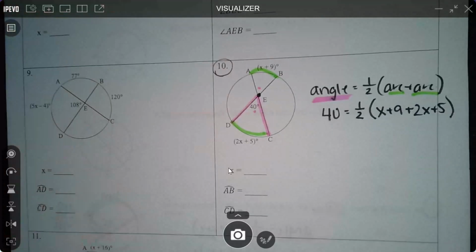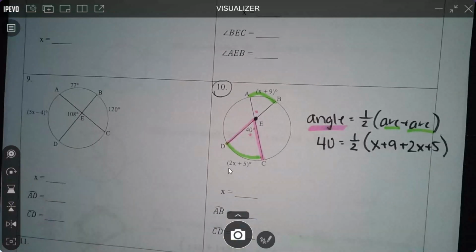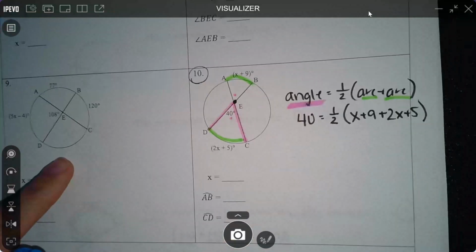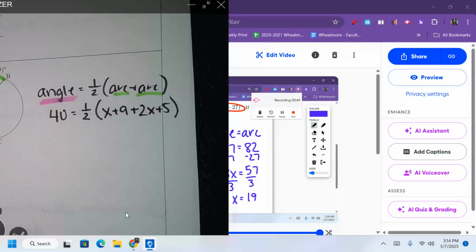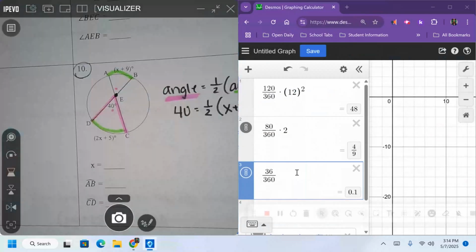From here, you can use Desmos or you can do algebra, okay? So I showed you algebra on the last one. I'm going to show you Desmos on this one, okay? So I'm going to scoot this over, get my Desmos pulled up, all right?